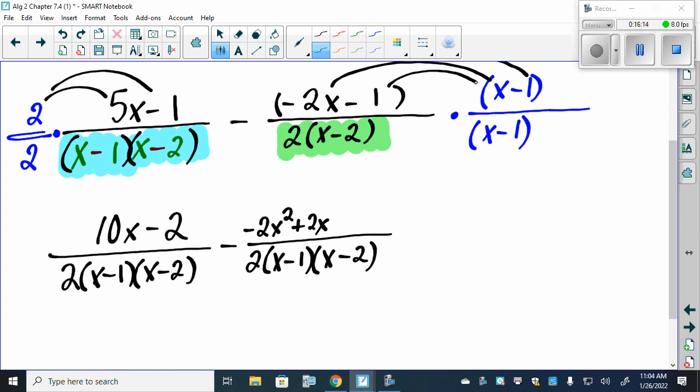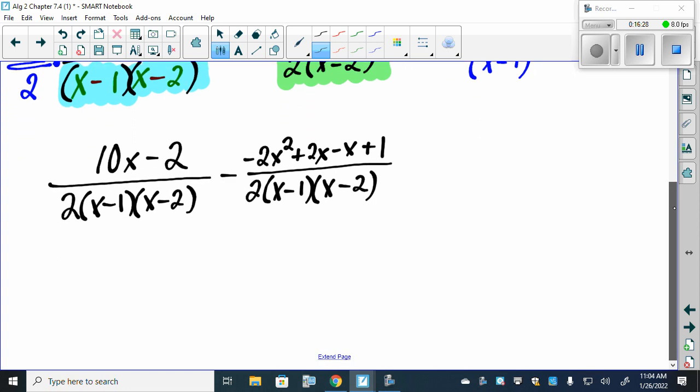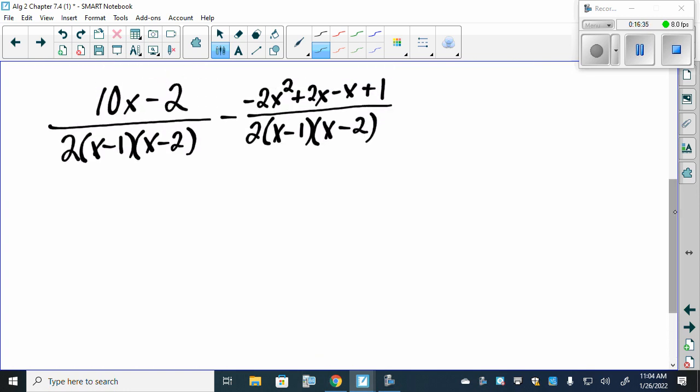Then we'll do the same thing with negative 1. Negative 1 times x is negative x. And negative 1 times negative 1 is plus 1. Any questions on how we got to this point here?